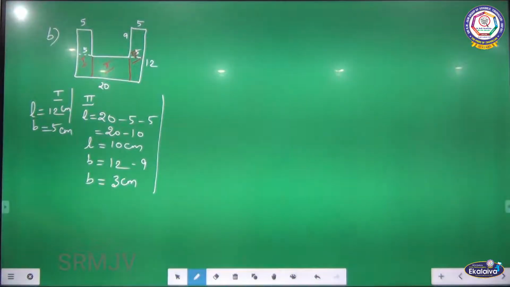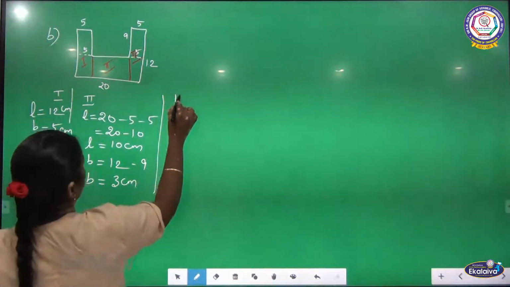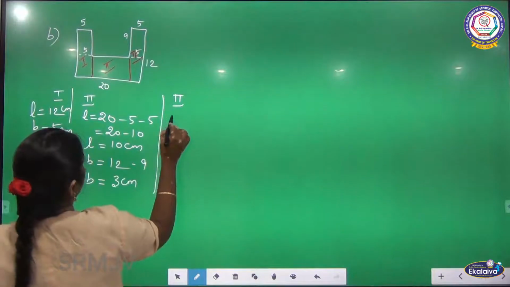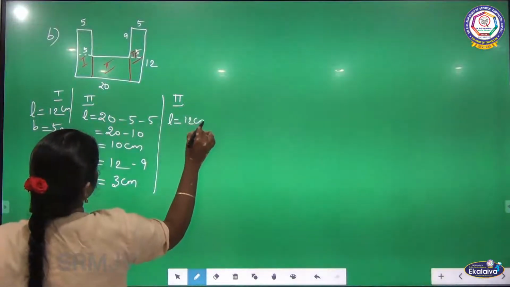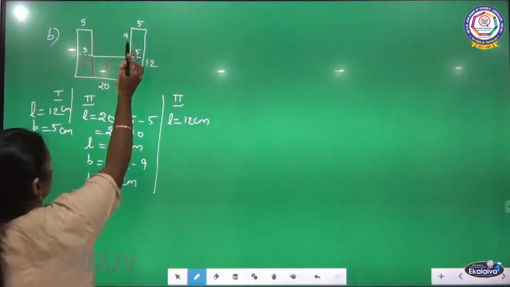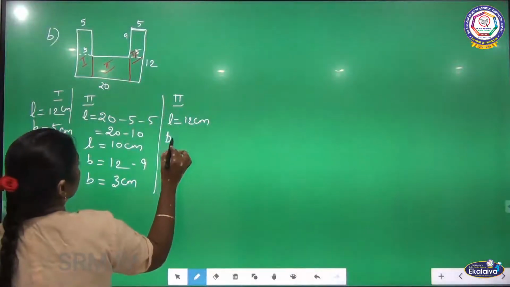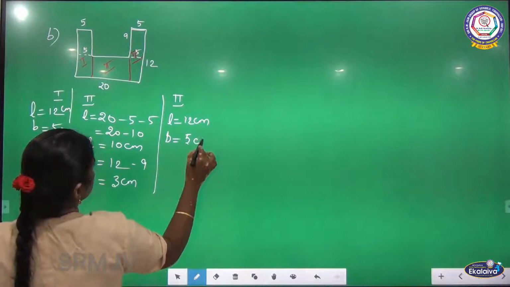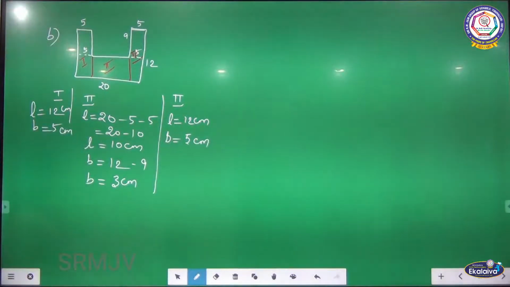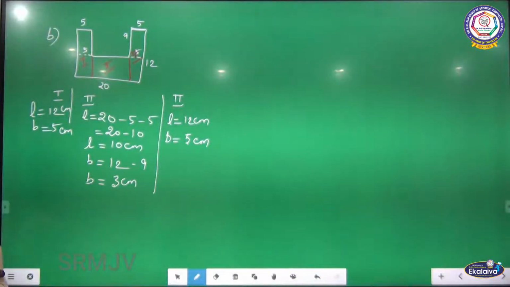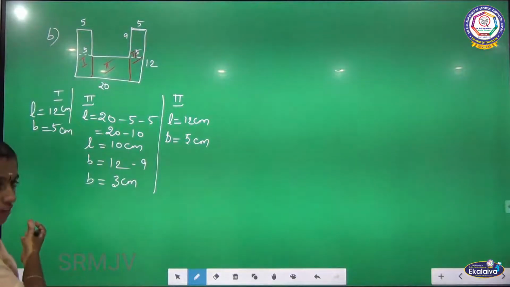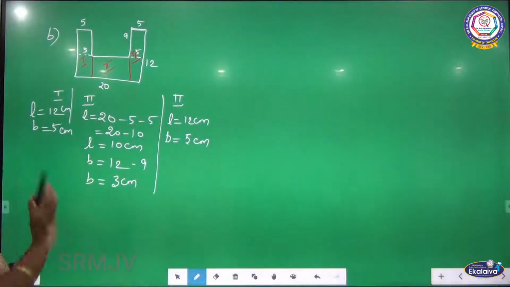Shall I move on to the third rectangle? Listen, what is the length? 12. L is equal to 12 centimeter and see your breadth. See, this is your breadth, which is what? 5 centimeter.